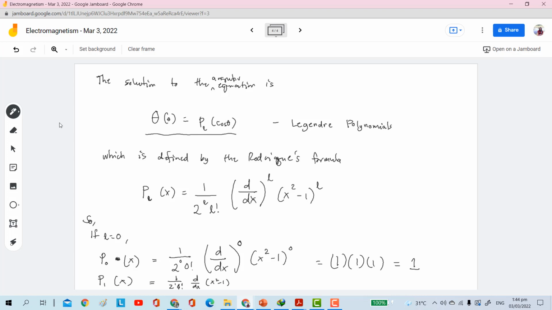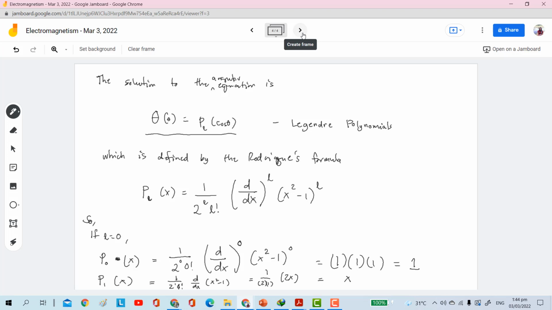So 1 over 2, and then 1 factorial is 1. And then you have to derive this one, so this is 2x. Therefore, your P sub 1 of x is equal to x only, right?